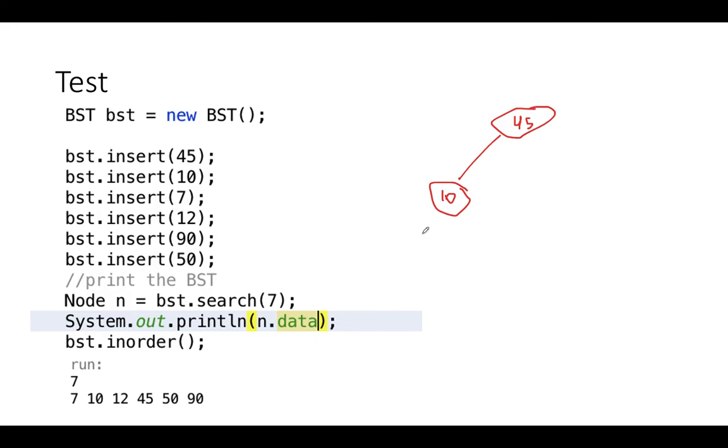If we insert 7, it will add 7 here to the left of the 10. 12 will be here. 90 will be here. And 50 is greater than 45 but less than 90.